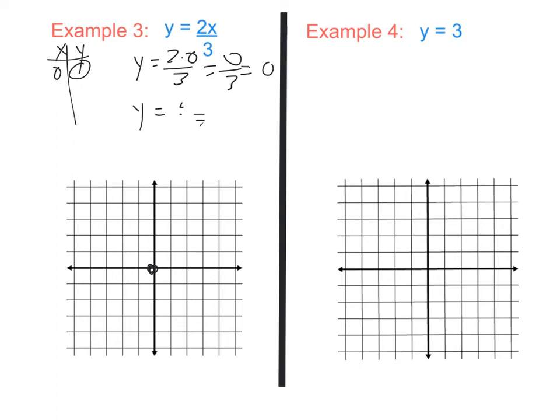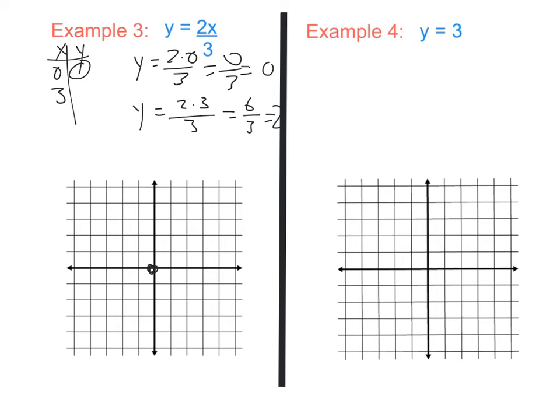So what I'm going to pick instead is a number that's going to allow me to divide by 3 evenly. So let's say I just choose 3. Well, if I do 2 times 3 divided by 3, I get 6 over 3, which is 2.